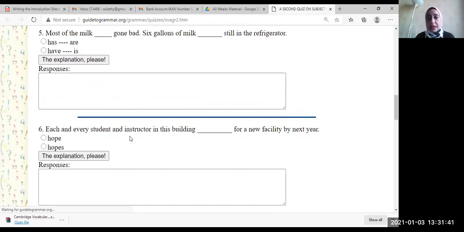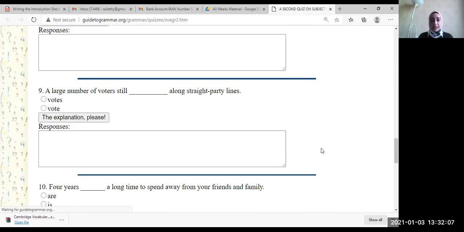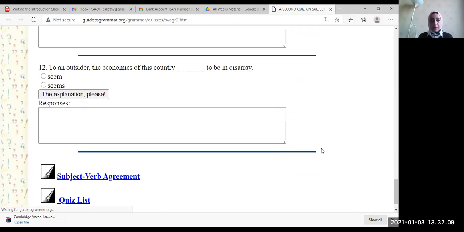Each and every student and instructor in this building hopes for a new facility by next year. Okay, remember each, every, they are singular and they require a singular verb. So each and every student and instructor hopes, right? You need the singular verb. Very good. Okay, so you'll just continue the rest of this exercise, right?